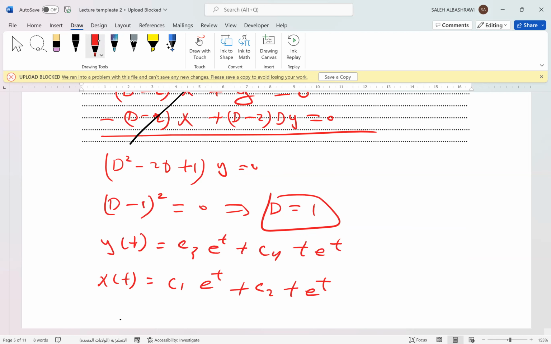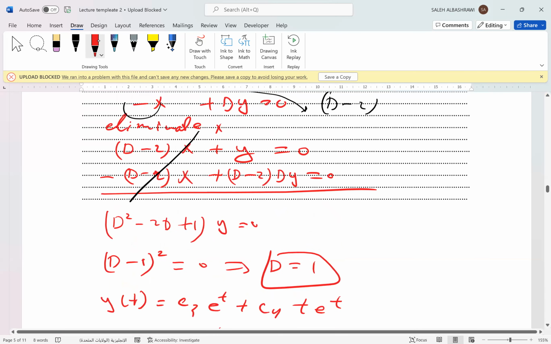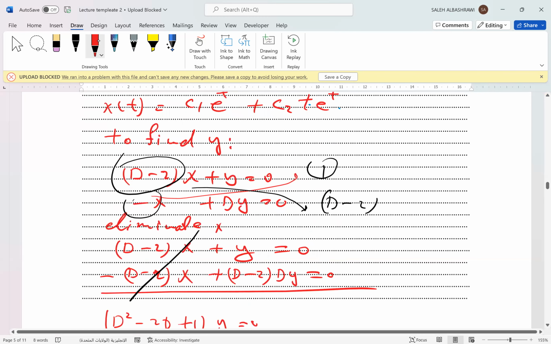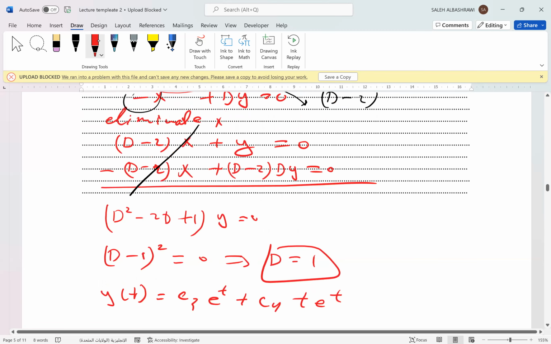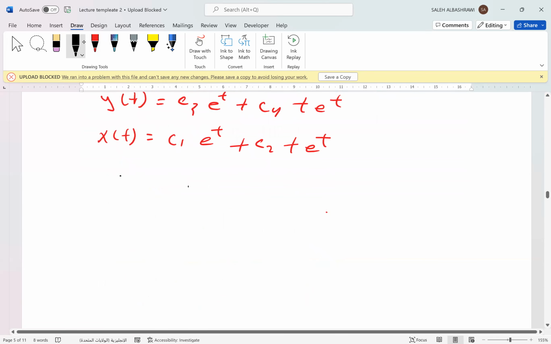Now for these two functions to satisfy the given equations, we must have some relation between these constants c1, c2, c3, c4. So if we go back to one of the equations, let me say the second equation, I have −x + Dy equal to 0. I need to find the relation.